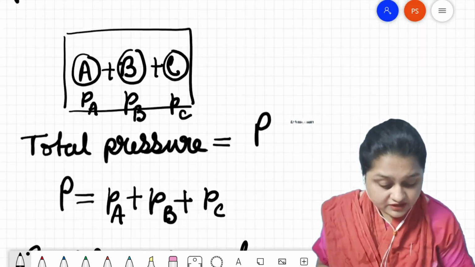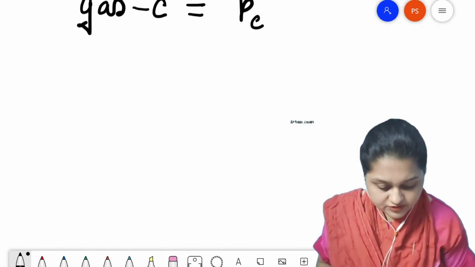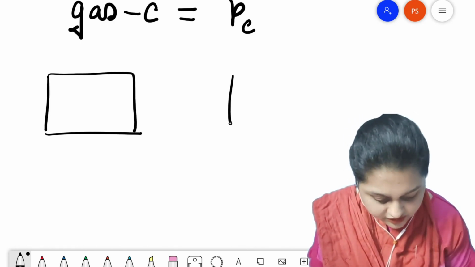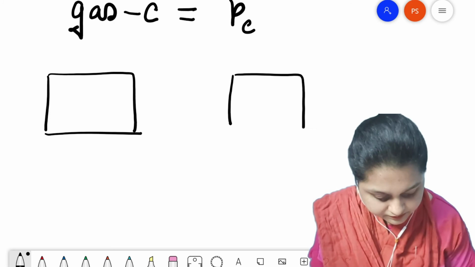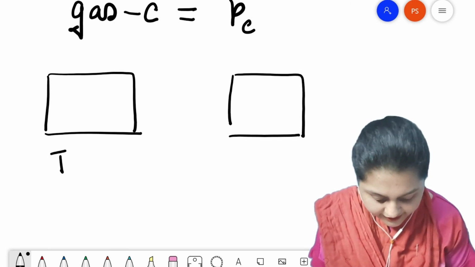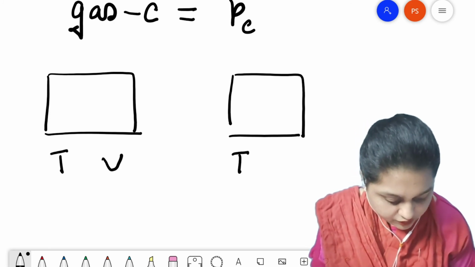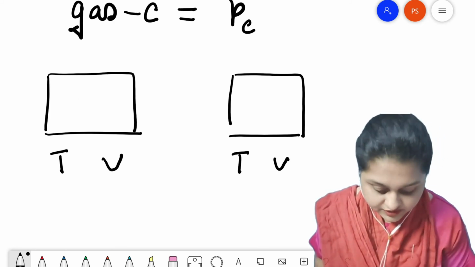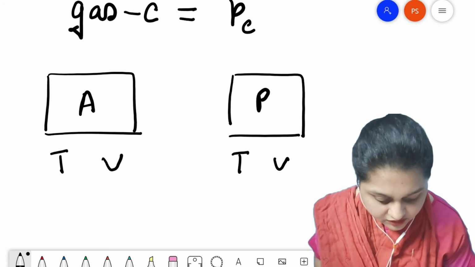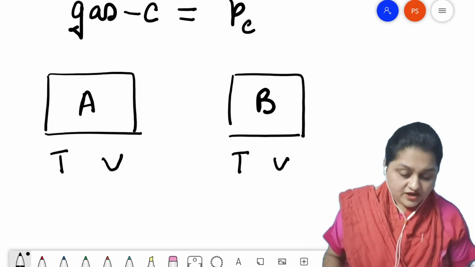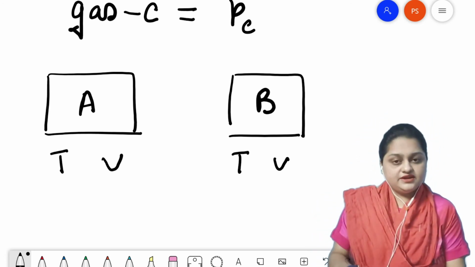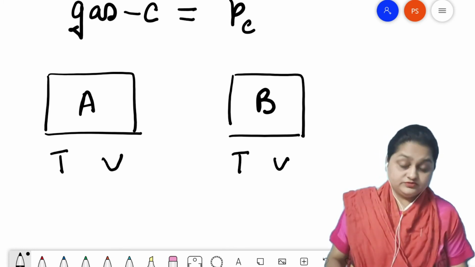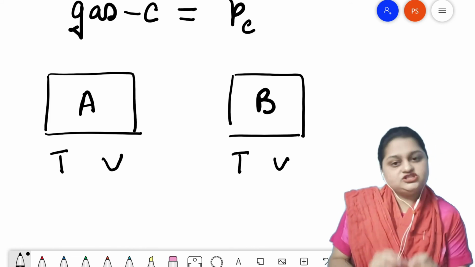Let us take another example. Supposedly, there are two containers at the same temperature and the same volume. Both containers have gases. One container has gas A and another container has gas B. Both containers are of the same volume and both gases are at the same temperature.